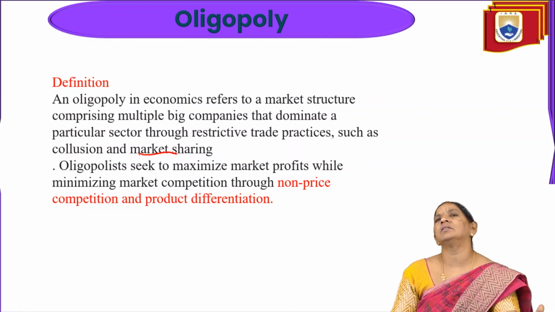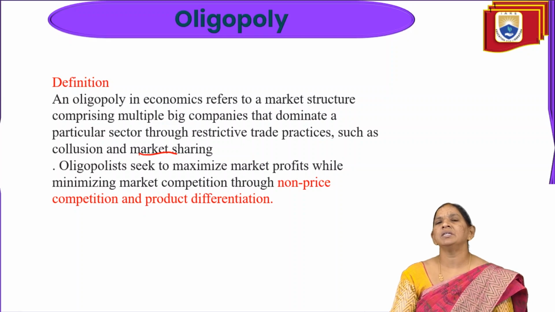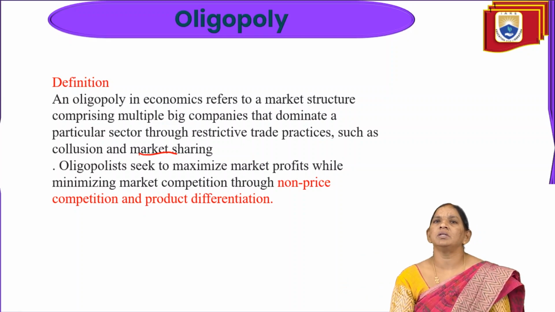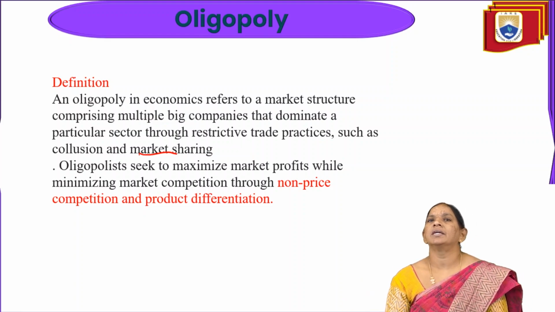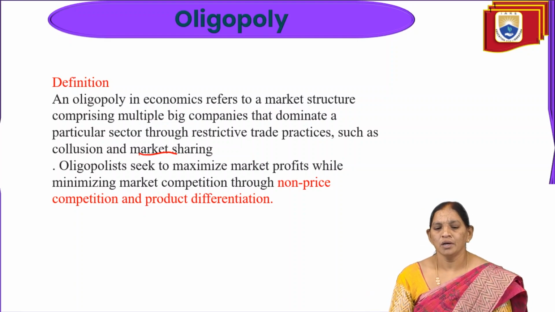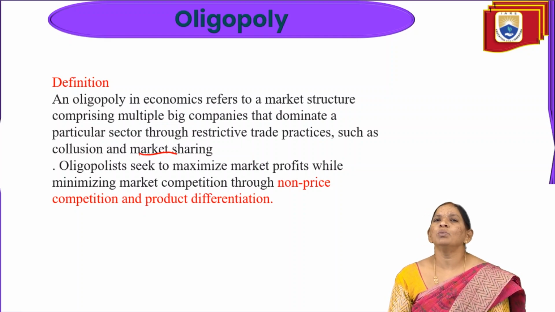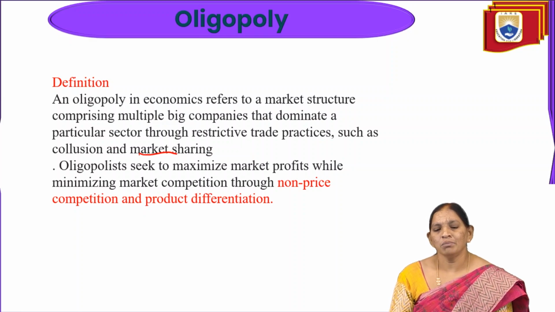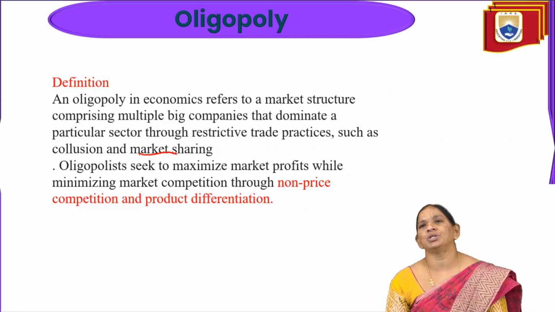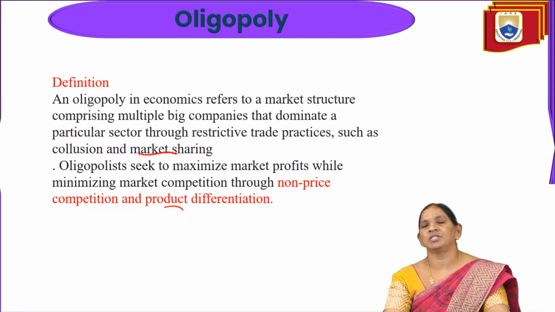So in economics, oligopoly is a structure where 2 or 3 large companies, or a few companies, share the total demand of the market. And the oligopolist wants to maximize profits while minimizing market competition through non-price competition or product differentiation.